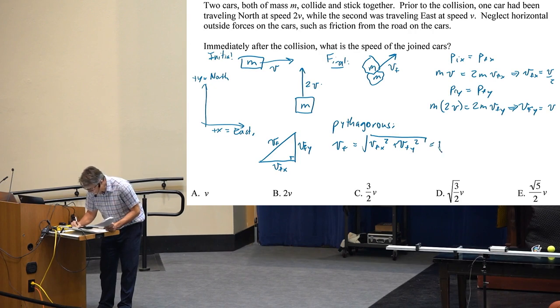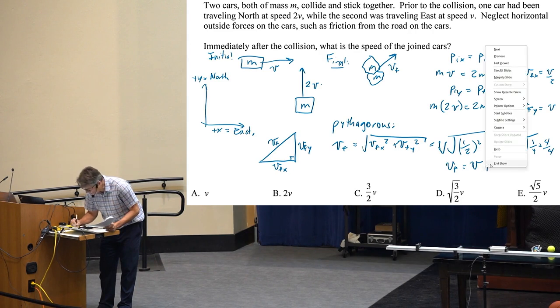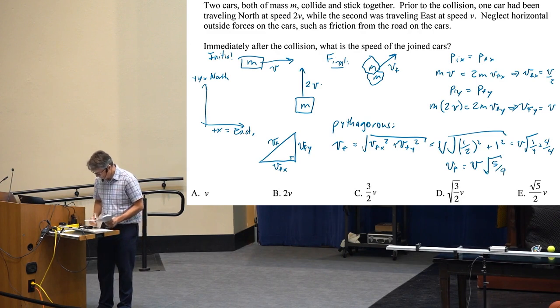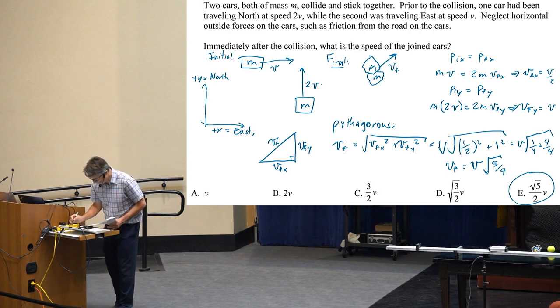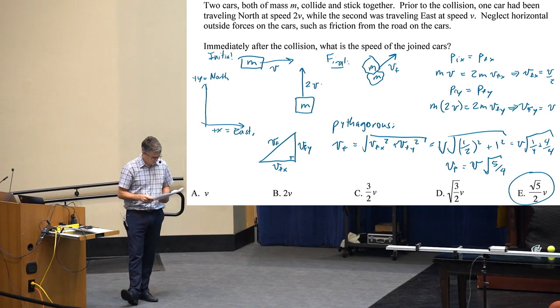So it's going to be V times the square root of 1/2 squared plus 1 squared. So it's going to be equal to V times the square root of 1/4 plus 4/4. So V final is equal to V times the square root of 5 over 4. So I think it's E. Something like that. Got a symbolic answer there.